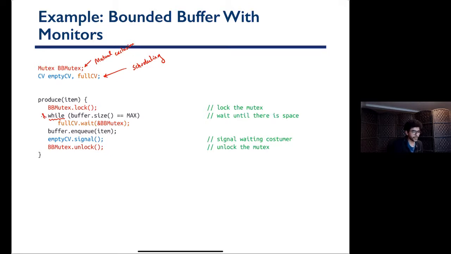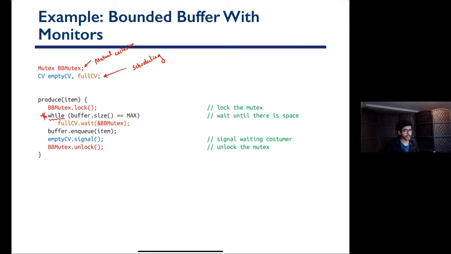We'll see that if is not appropriate. If is only valid in a certain implementation of condition variables, but we'll cover that. Generally speaking, we use a while to check for the condition to be true.